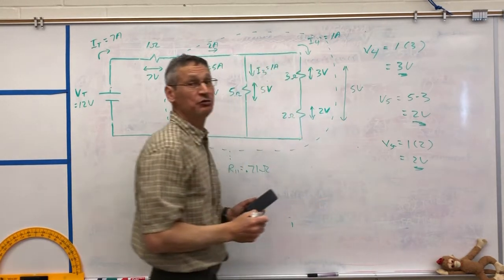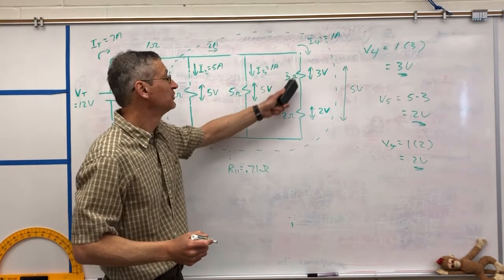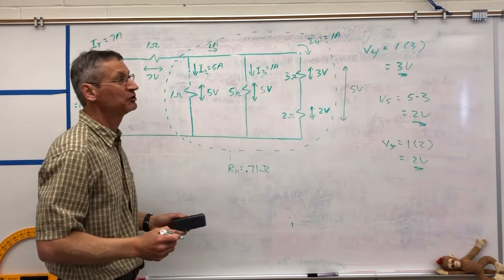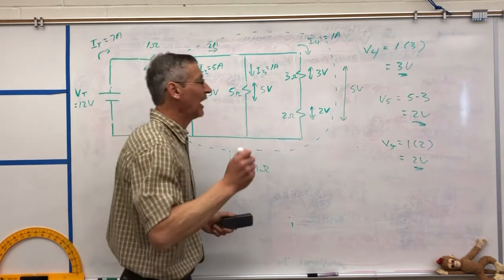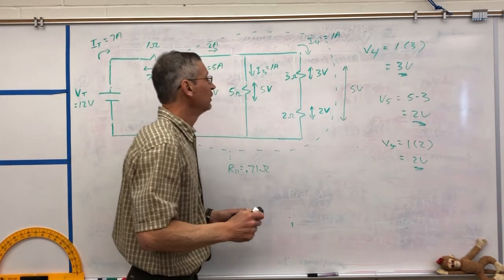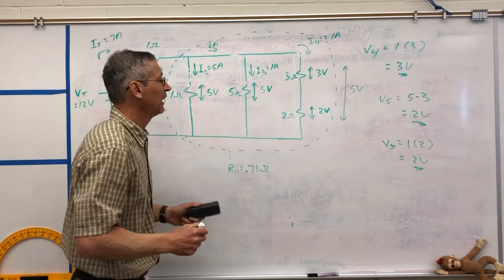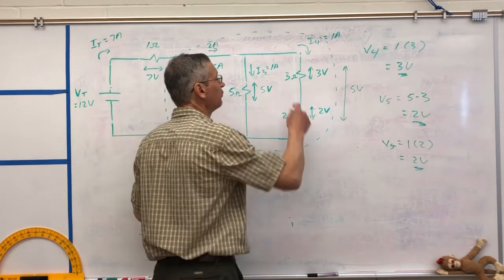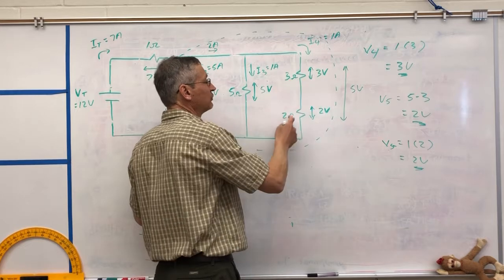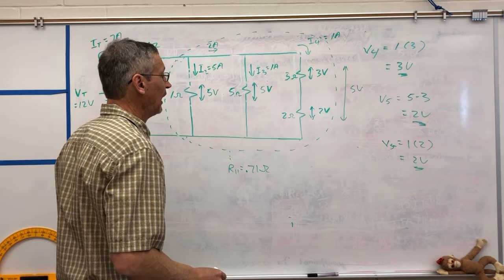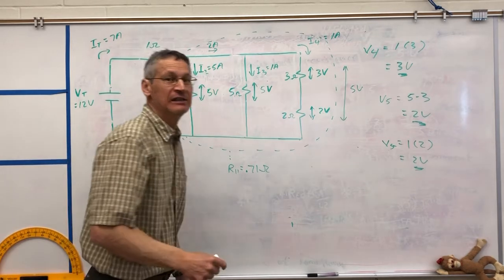Don't forget, if you have resistances in series, you can also use ratios to figure out the voltages. And you can see the ratios work out here. 3 is to 3 as 2 is to 2. Okay, and that is it.